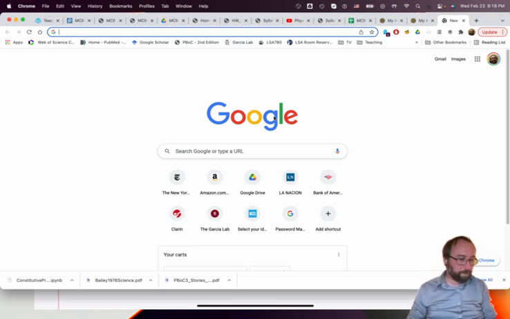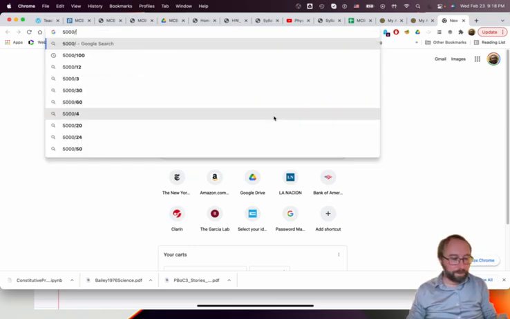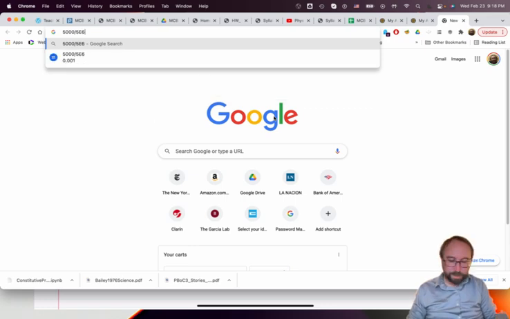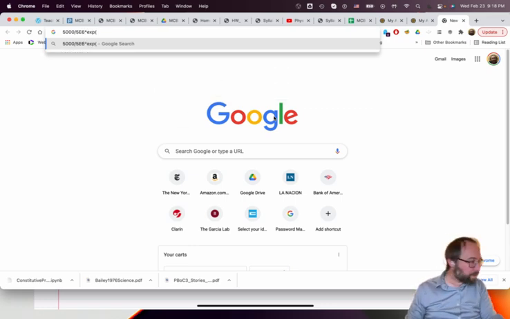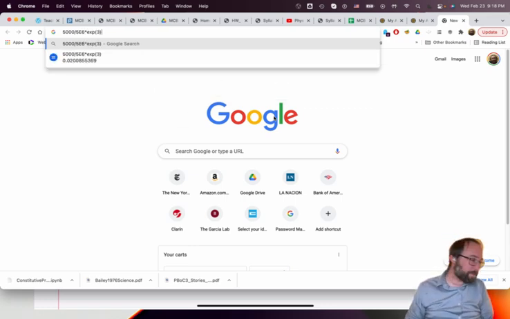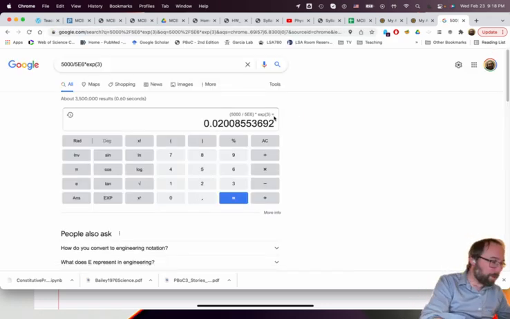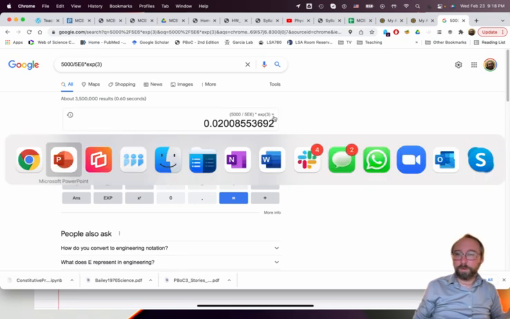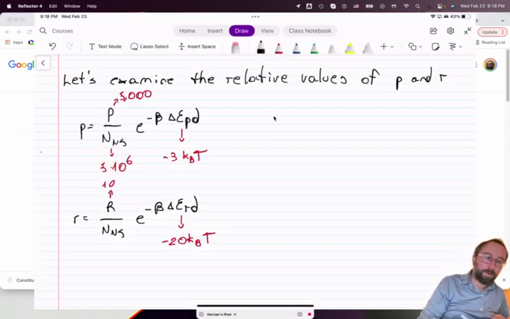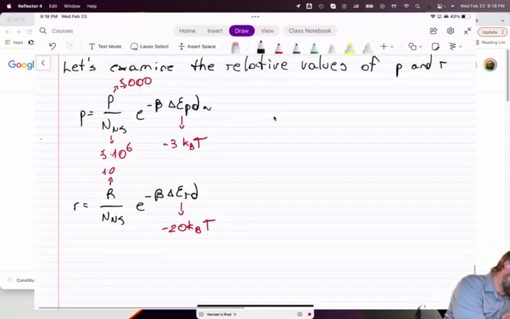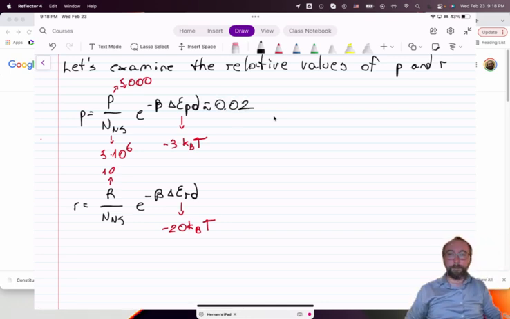Okay, so I'm going to do 5,000 divided by 5 times 10 to the 6 times e to the 3, because that's minus 3 kT. Okay, and that's, I'm going to write it down here, 0.02. Okay, so this is about 0.02.